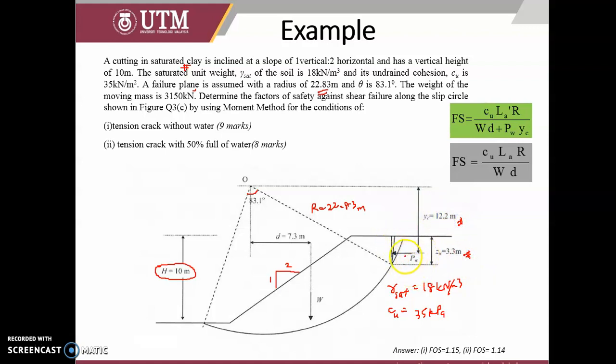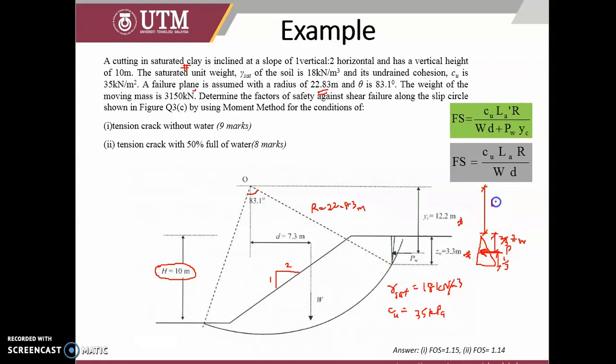Okay, note that here. I hope you still remember, in the lateral earth pressure, it is a rule of thumb. We assume the height of lateral pressure is 1/3 from the base. So if you know any distance here, you need to add the 2/3 of ZW, the height of water, because 1/3 is from the base.